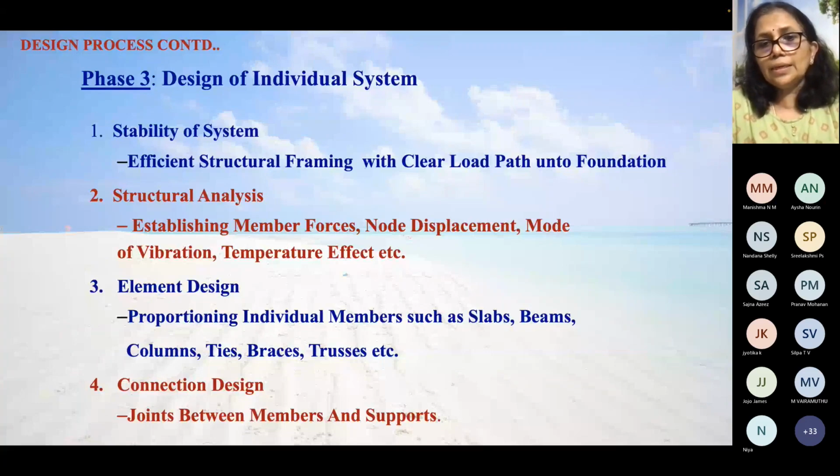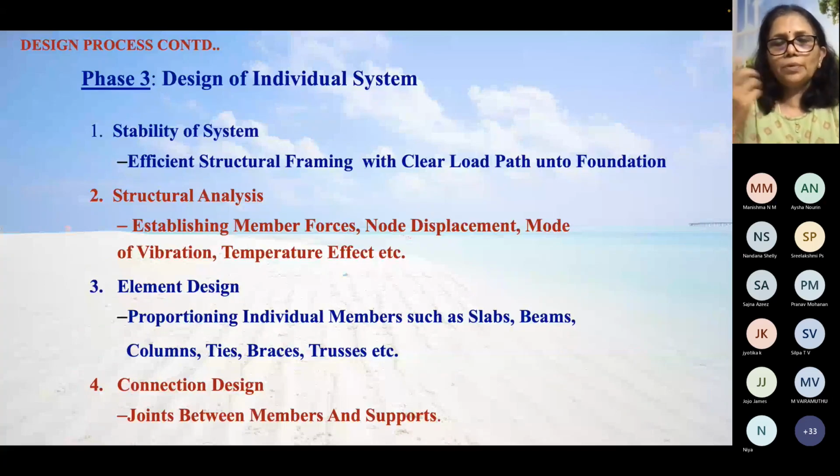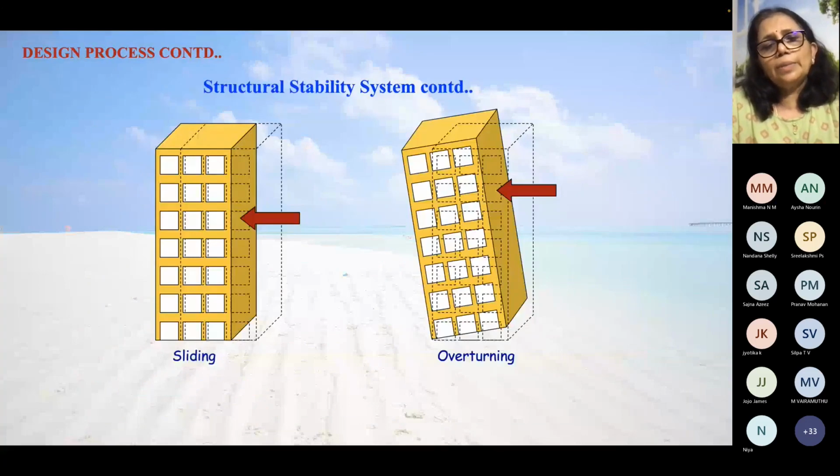If it is a rectangular beam, what should be its depth and what should be its width. Okay, it depends upon the supporting condition, it depends upon the span. Many aspects are there. I'll deal with those things in some other class. And then you have to do the connection design. And when you are checking the structural stability, definitely you have to check for sliding and overturning because of the lateral forces acting on it.